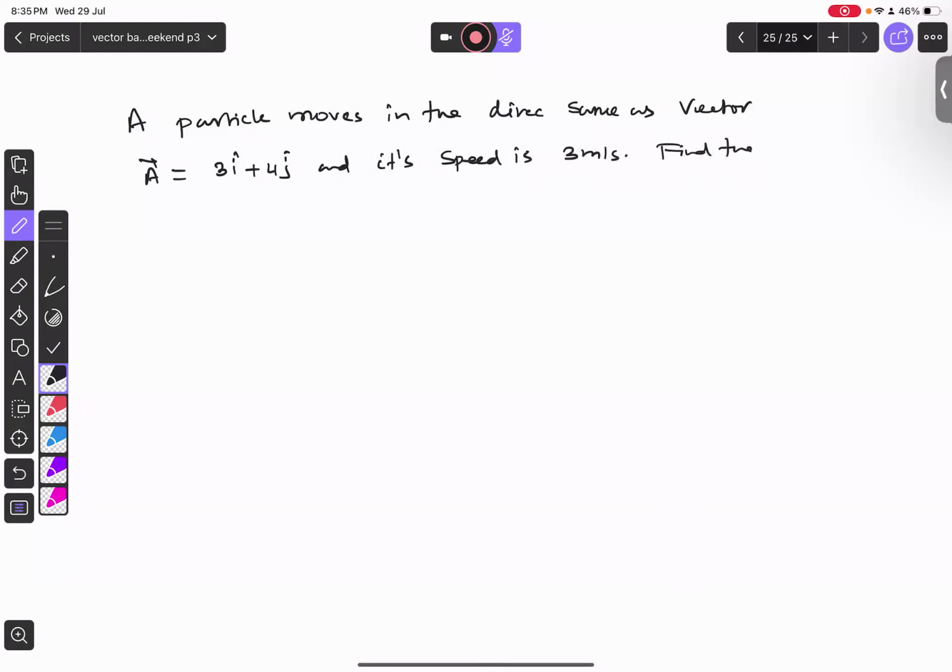Find the velocity vector of that particle. So do this question, everyone. The particle is moving in the direction same as the vector A, and the speed of the particle is 3 meters per second. From this data, I have to find the velocity vector of the particle.